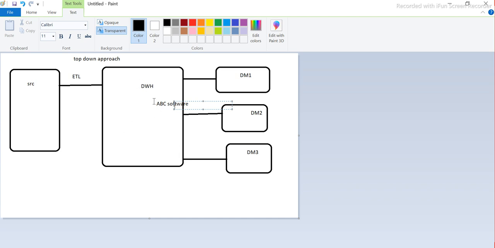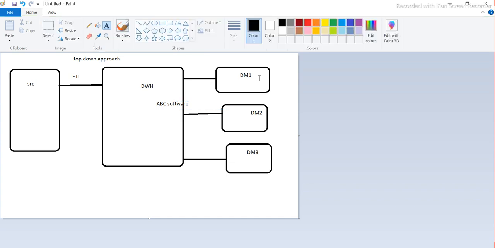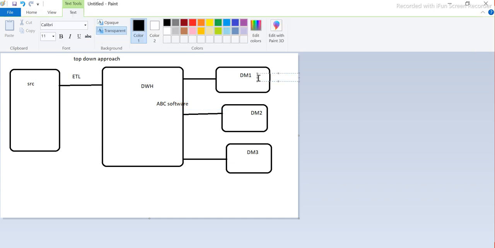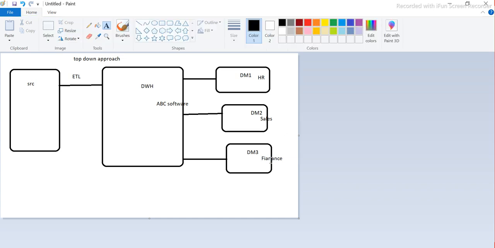Now, when it comes to data marts, it can be further segregated into subject areas. So, for example, HR related data will be here in data mart 1, and here let's say sales, and here let's say finance.